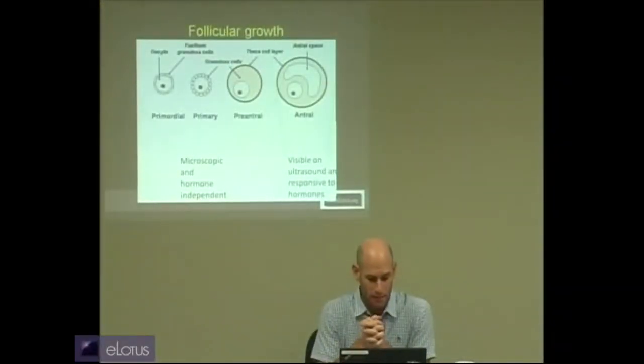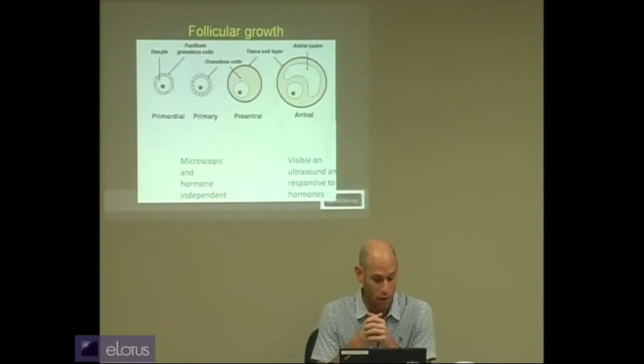So the way that it happens is there's kind of two stages of growth for an egg. There's the microscopic hormone-independent part of the cycle, and then there's the macroscopic hormone-dependent part, which is what we can see. So the earliest stage of an egg is the primordial follicle, and that's what forms embryologically.